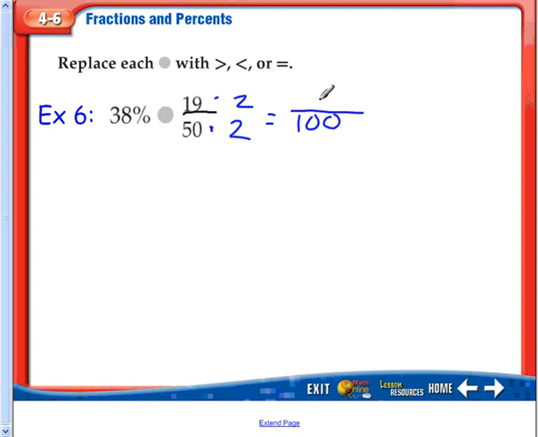And I'm going to get 100 in the denominator, which is what I need for finding percents, and 38 in the numerator. So this ratio equals 38%. 38% compared to 38%, I know that my answer is that they are equal to each other. 38% is equal to 19 over 50.